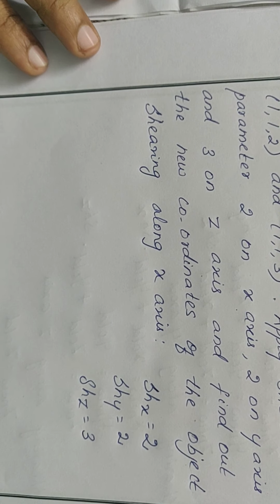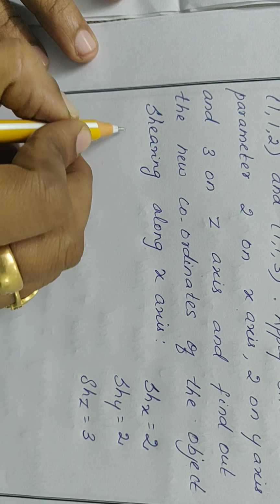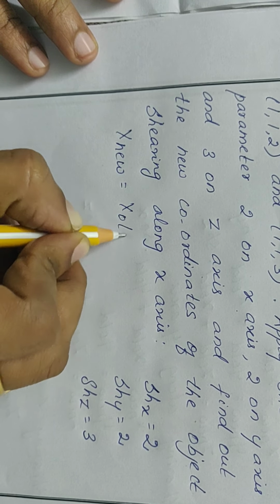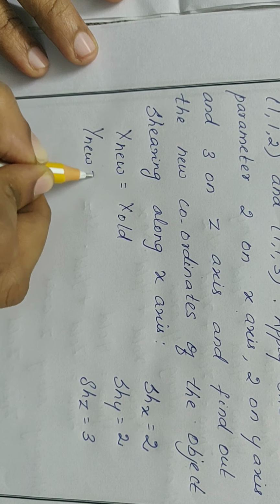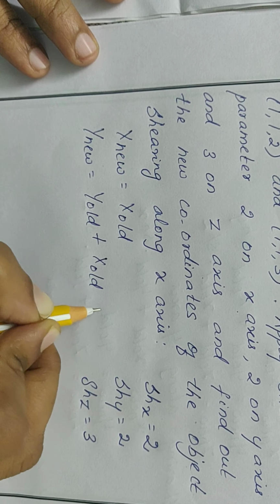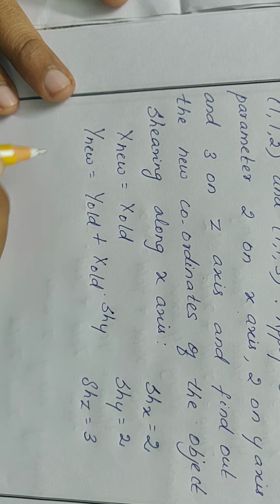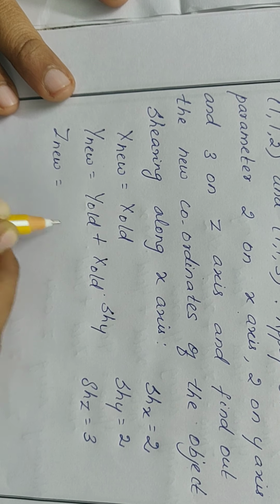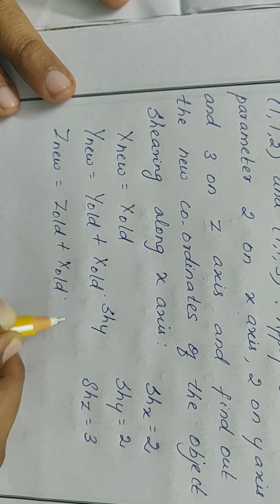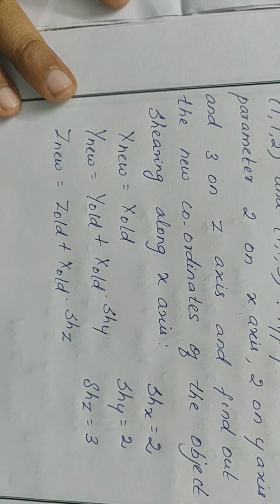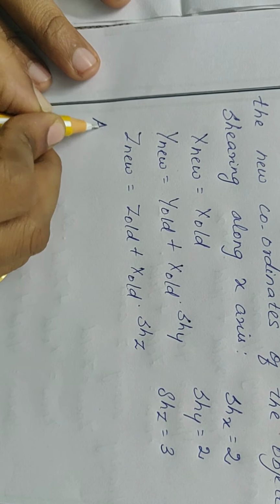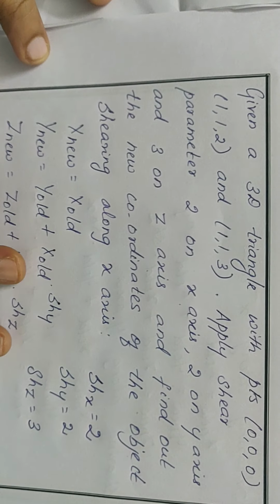Now we know the formula, that is x new is equal to x old, y new is equal to y old plus x old into shear factor along y, and z new is equal to z old plus x old into shear factor along z. So first I'll assume the first point is 0, 0, 0.